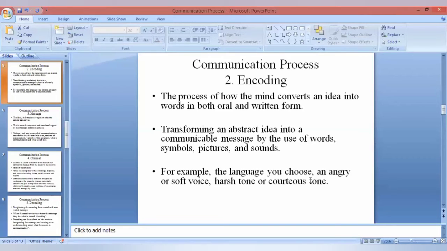So always be careful when you start encoding a message, because you are not only delivering spoken words or written words, you're also delivering a tone that might be an angrier tone, or a harsh tone. So be very careful when you encode a message.